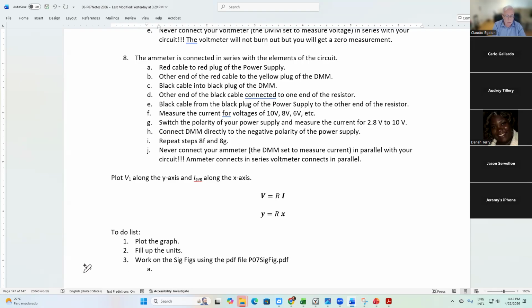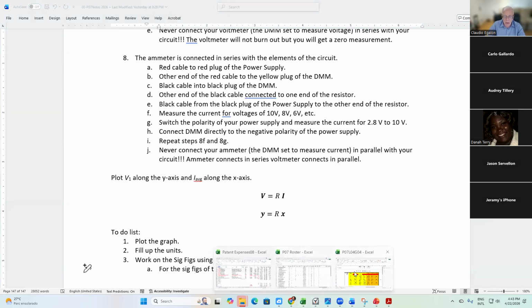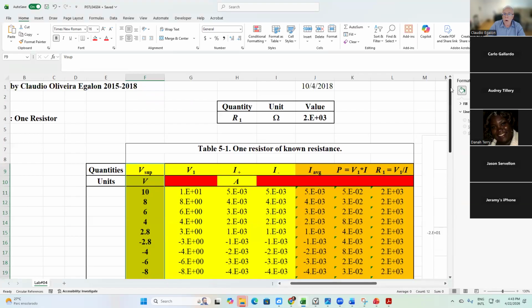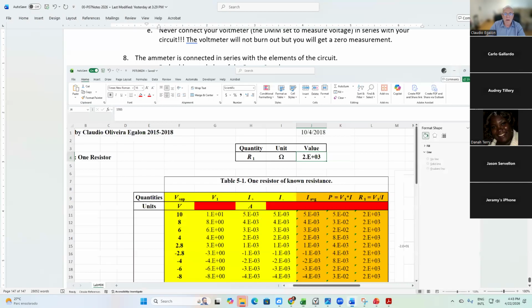Okay. 1. For the sig fig of the resistor in the first table, okay? And then let me write that down. Cell, what's the cell number? Cell J4.